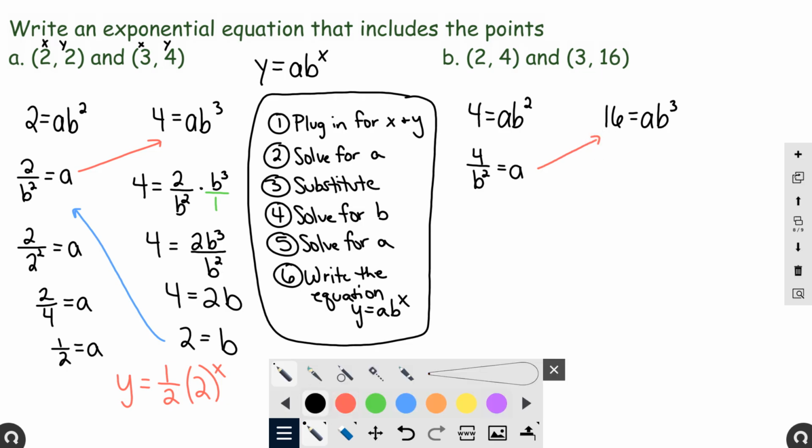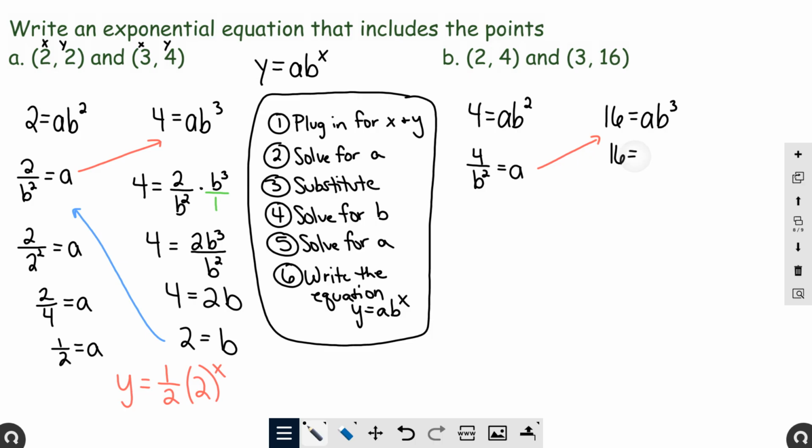Good, we make that substitution. Then how do we write the answer? Or b to the third over b squared. Yep, you go ahead and multiply those together and then simplify.